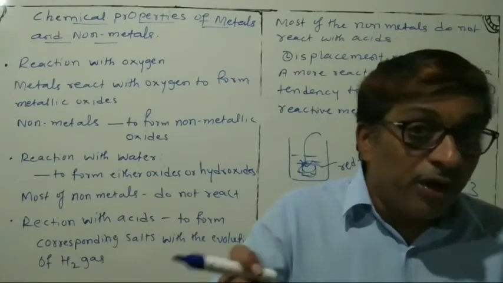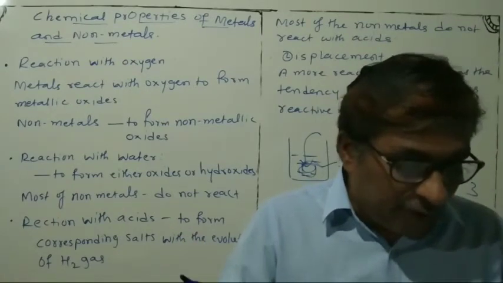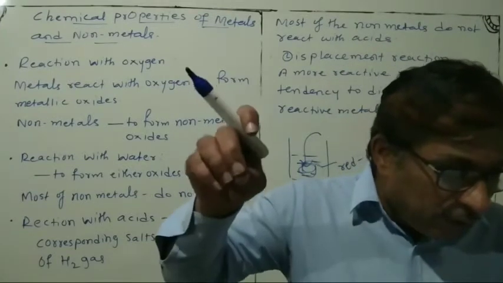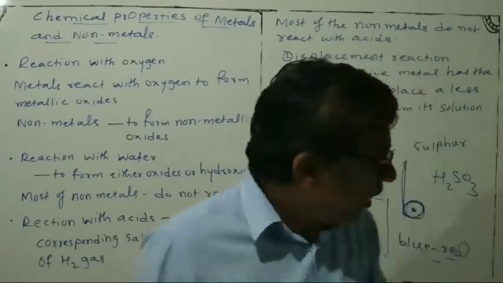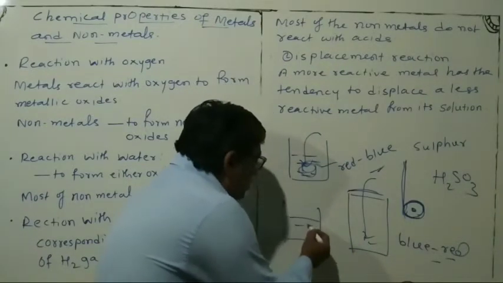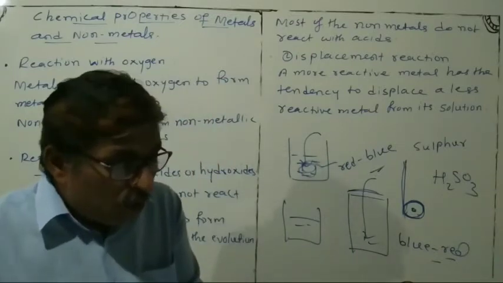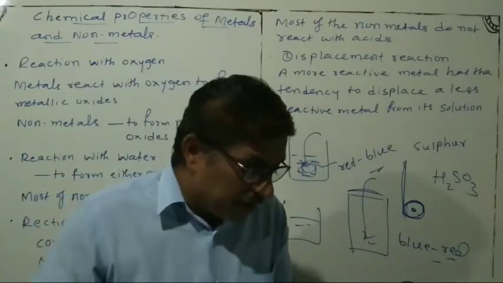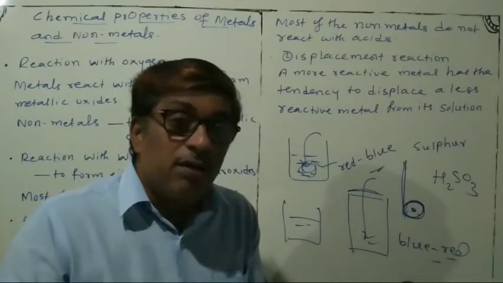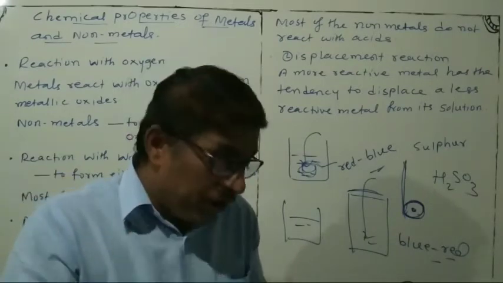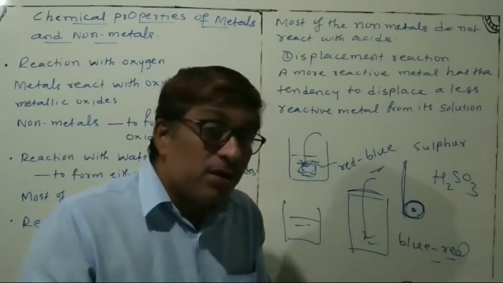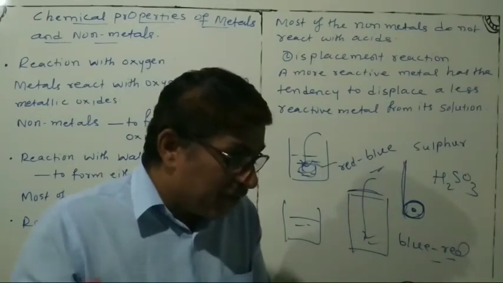Dry it, wrap it with a small piece of cotton, and then put it in a beaker. Take a beaker with water and add this. Then what will happen? When you put this small piece of sodium into the water, it will catch fire.